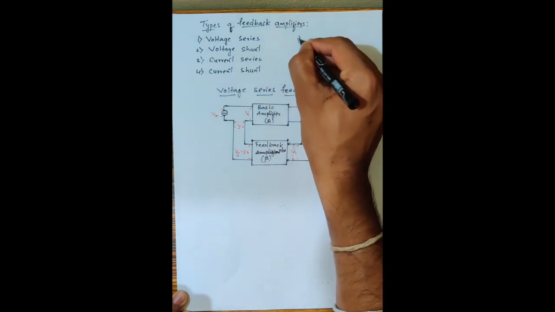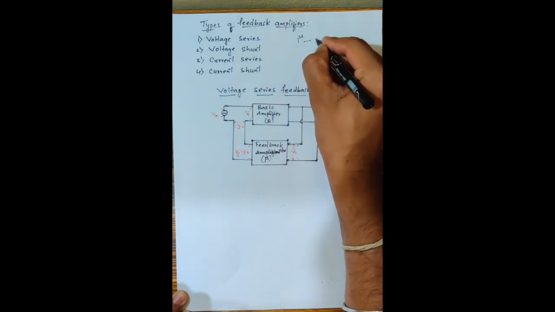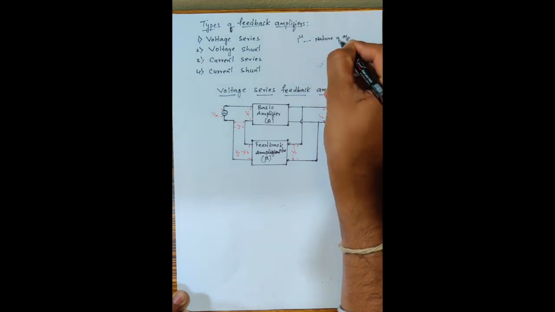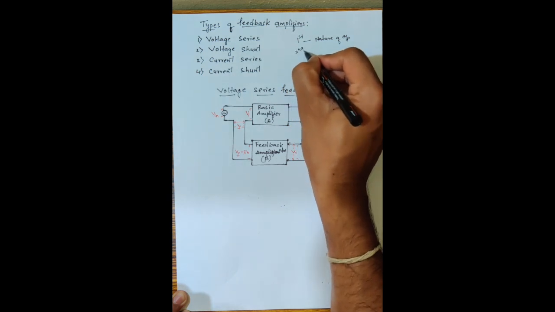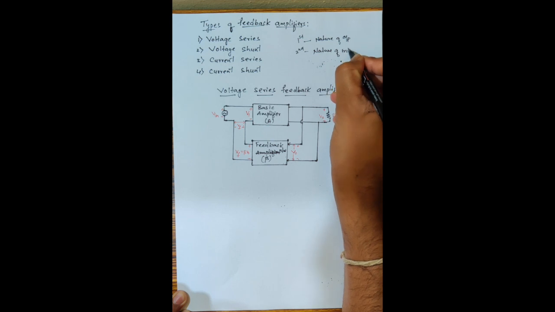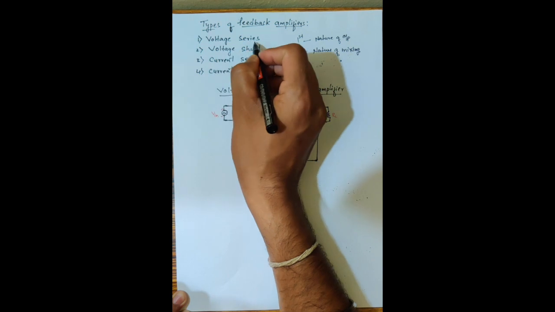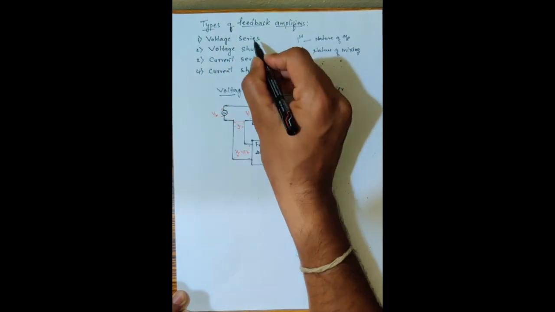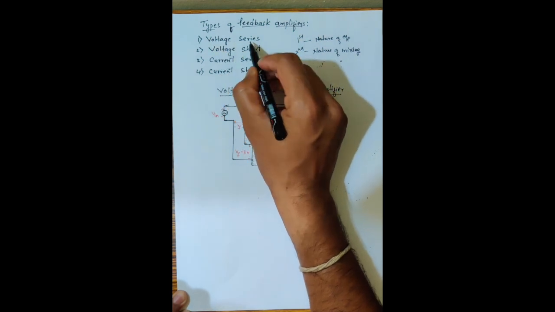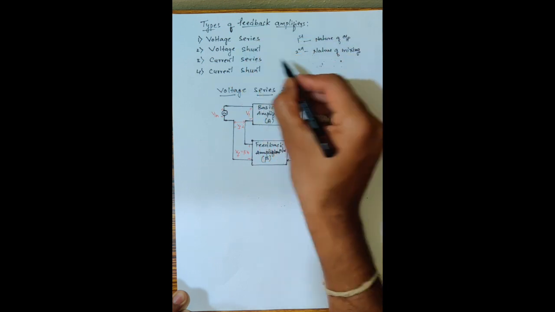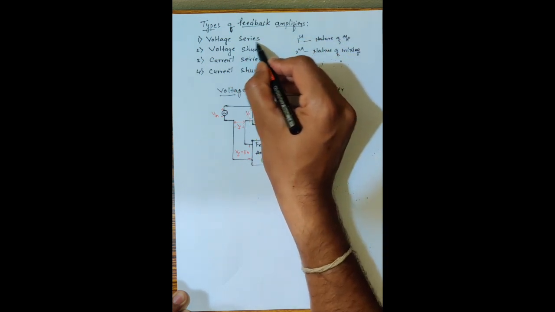So the first term indicates the nature of output and the second term indicates the nature of mixing. In the first case, voltage series means the output of that feedback amplifier is voltage, and at the input side, the nature of mixing, that means the input signal and the fraction of the output signal are connected in series.